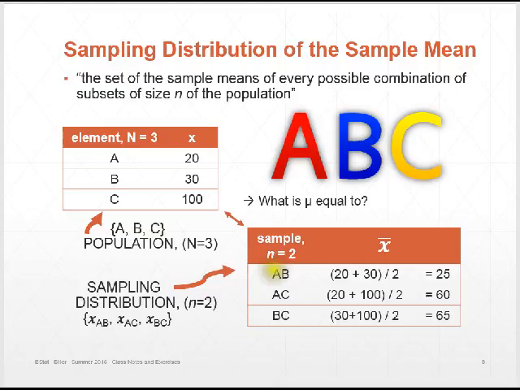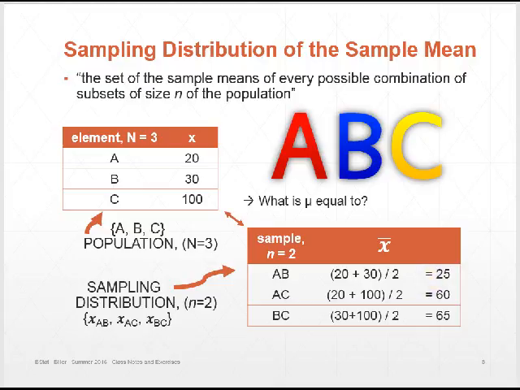If we were to go back a couple chapters, in how many ways can a combination of 2 be selected from 3 elements? The answer is 3 different ways. That sample might randomly select elements A and B, it might randomly select elements A and C, or finally the last possible sample of size 2 with unique elements would be that of elements B and C.